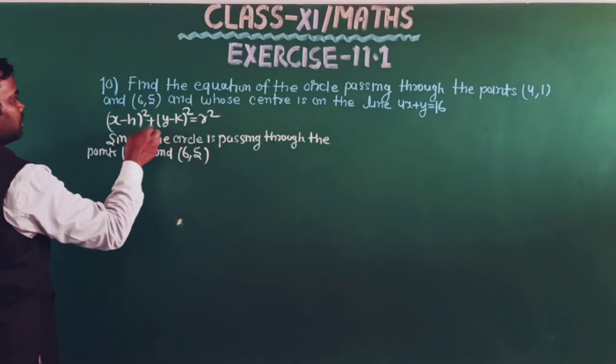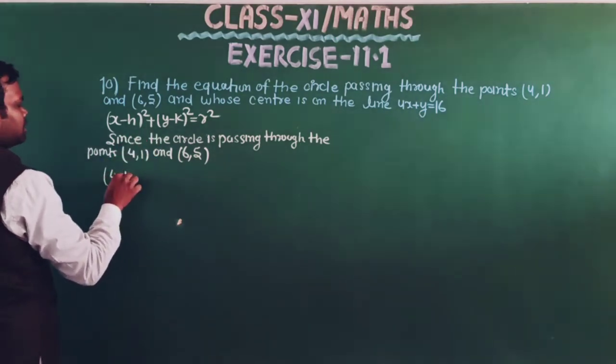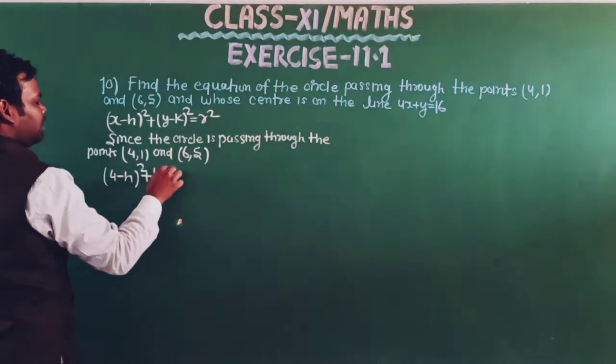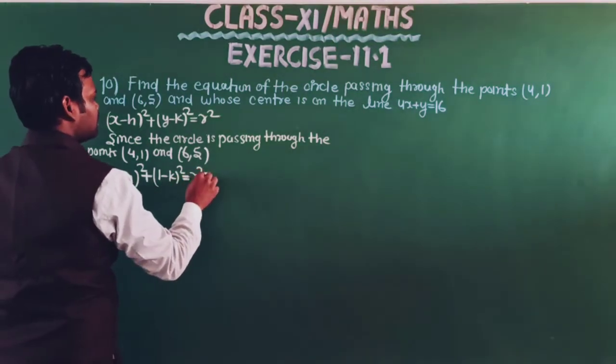Okay, so this equation becomes (4 minus h) whole square plus (1 minus k) whole square equal to r square.